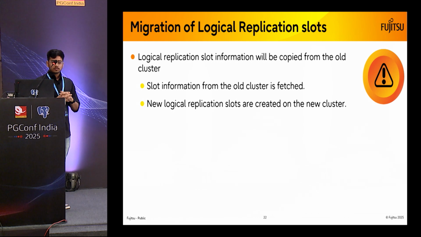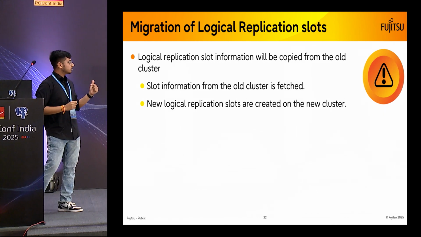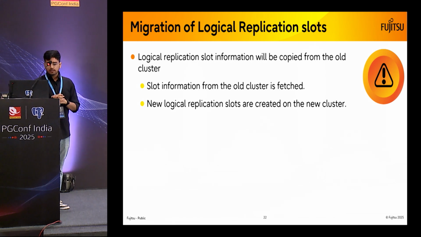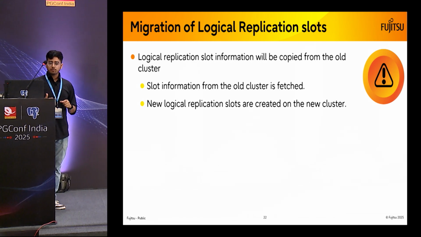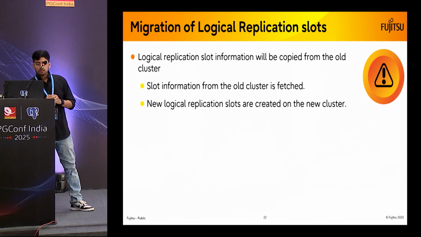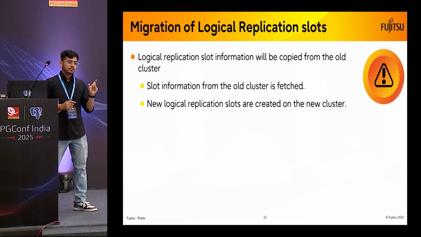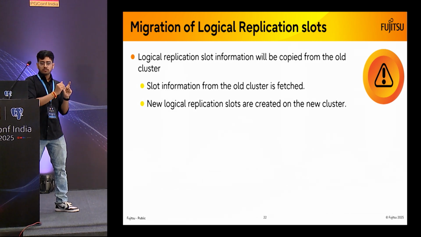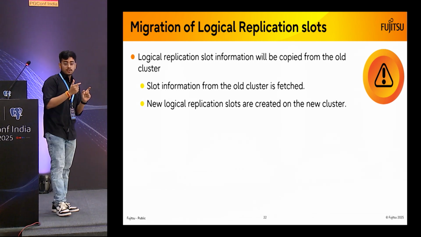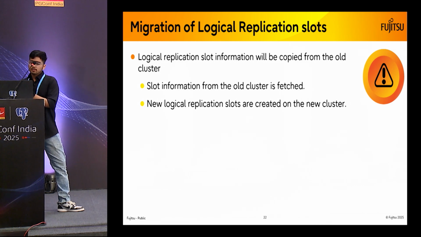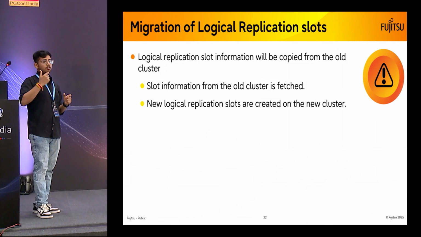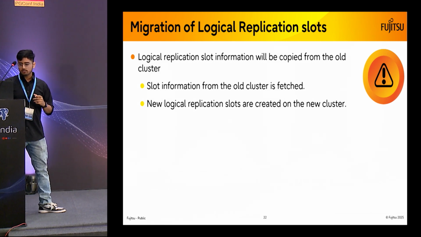Earlier the logical replication slots were not migrated during the upgrade, but with the introduction of this feature in Postgres 17, while pg_upgrade is running, it will go through the list of slots on the old cluster, store that information, and create new logical replication slots on the upgraded instance.